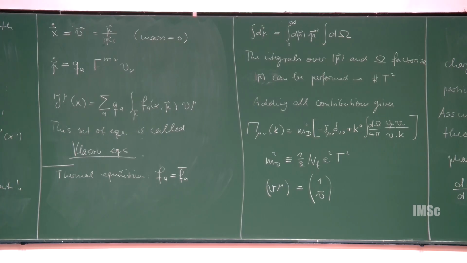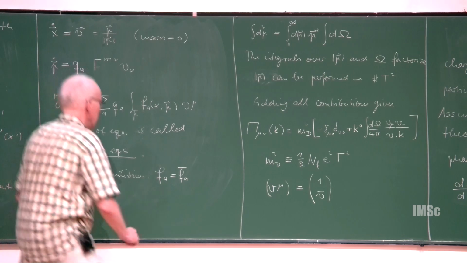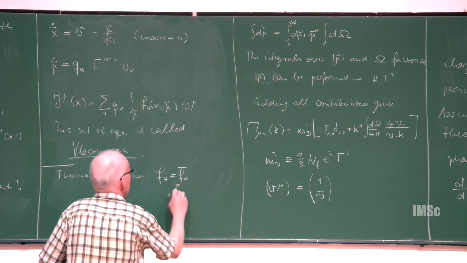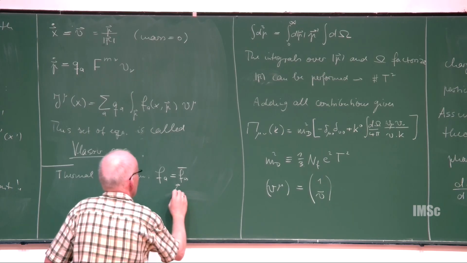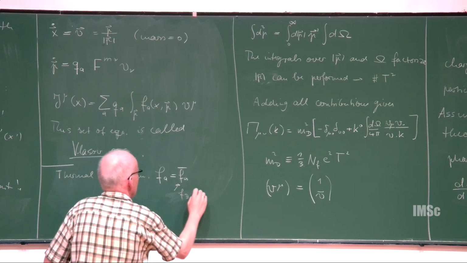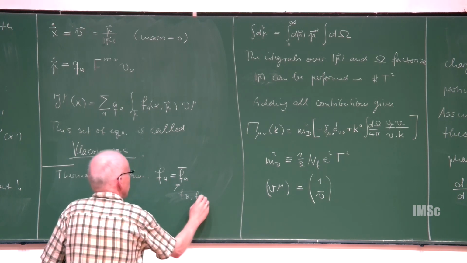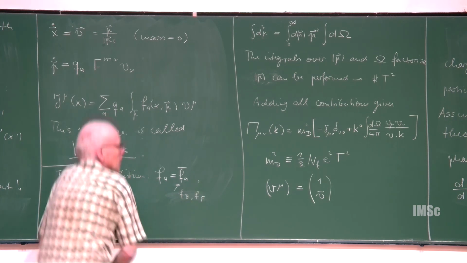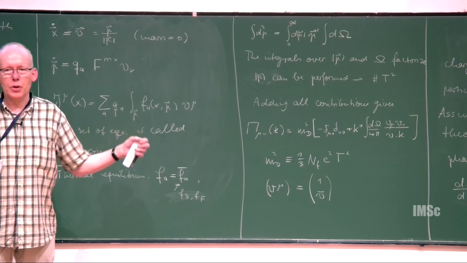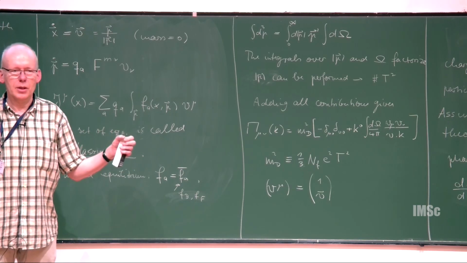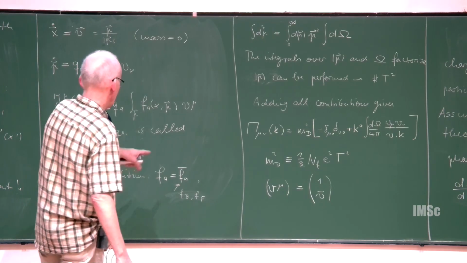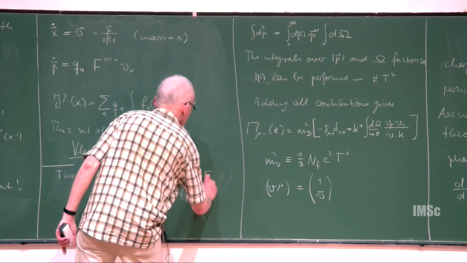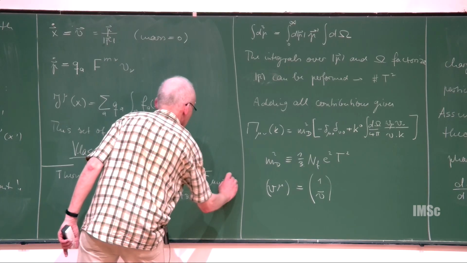This could be either Bose-Einstein or Fermi-Dirac, this is the equilibrium distribution, so this is f_Bose or f_Fermi. Furthermore, in thermal equilibrium you should have no fields, because they would drive f away from equilibrium, so we take F^μν equal to 0.